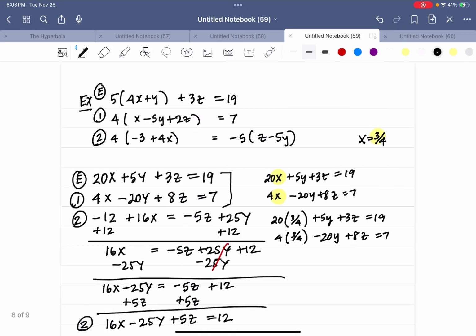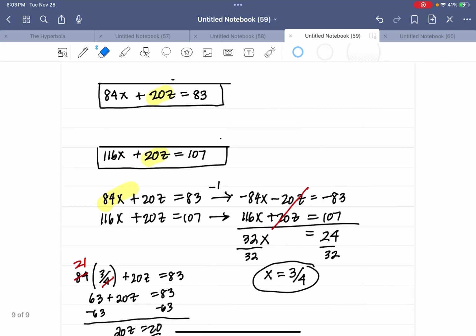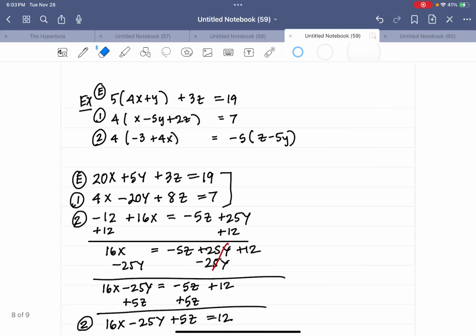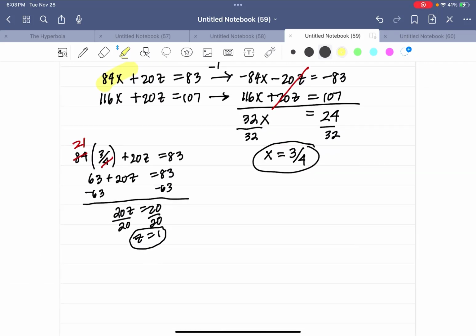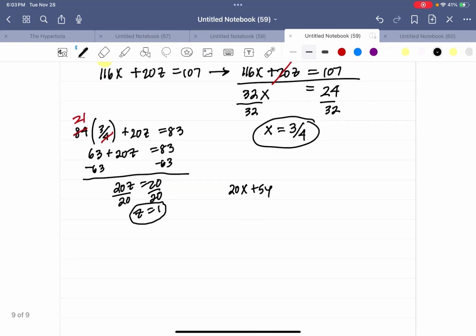Z is 1. And now that I know x is 3/4 and z is 1, I can go back and find y, and I'll do that with equation E, the one that we transformed and cleaned up: 20x plus 5y plus 3z equals 19.